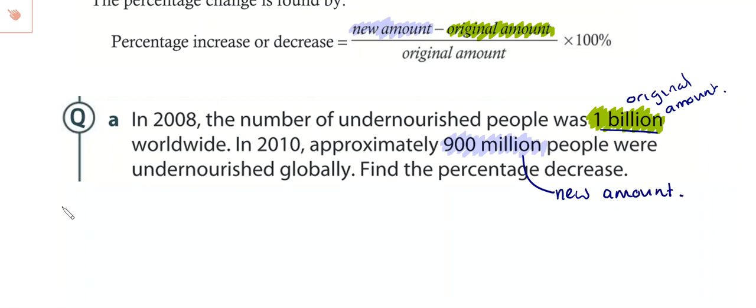So I'm going to write that down now. So the original equals, how do I write 1 billion? In the number now.